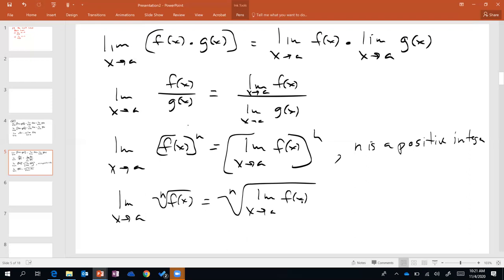Second exponent should be n and n. So the disclaimer is n is odd: there's no condition. Done. If n is even, then we just have a condition that f of x has to be greater than or equal to 0. It only works for positives.